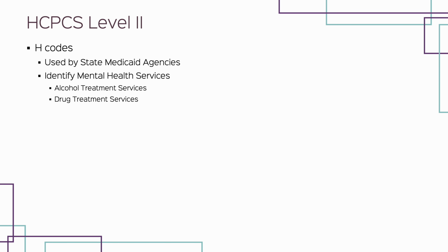Because Medicaid coverage can vary by state, H codes will allow for flexibility in reporting services that may not be consistently addressed by your national code sets like CPT or your permanent HCPCS codes. When working with Medicaid claims, especially within the behavioral health space, it is important to be familiar with these codes and how your state will implement them.